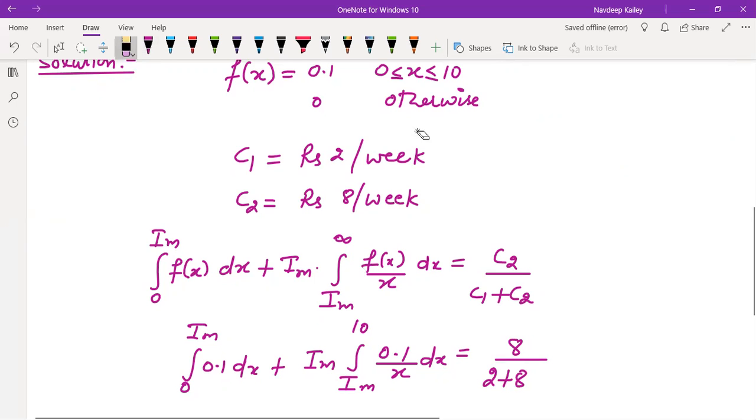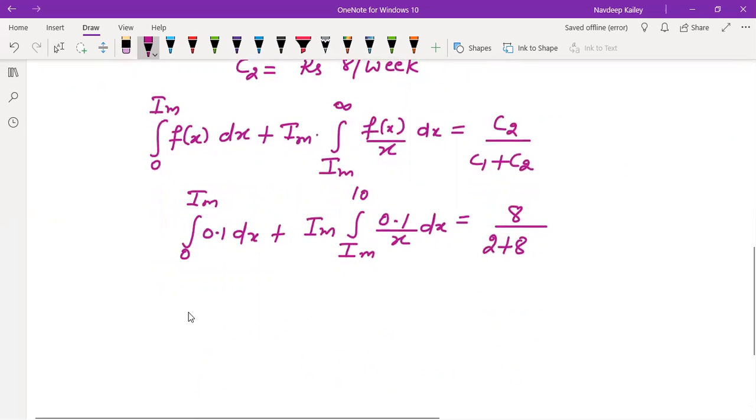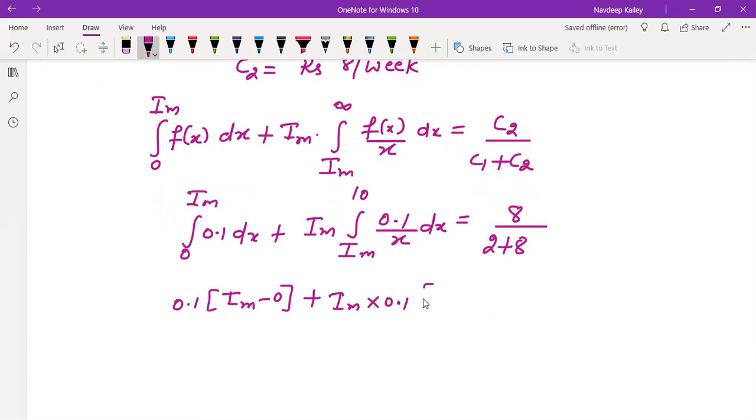This becomes 0.1 times Im (upper limit minus lower limit) plus Im times 0.1 times the integral of 1 upon x, which is log x, with upper limit 10 and lower limit Im, equal to 0.8.